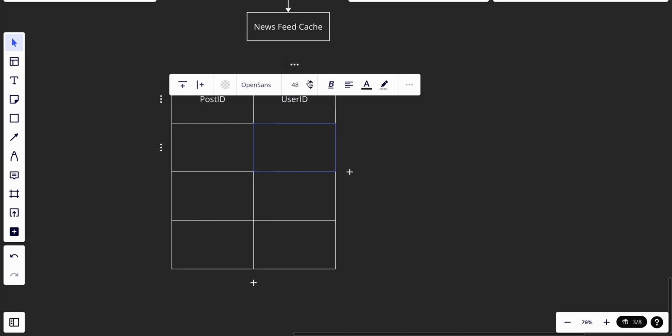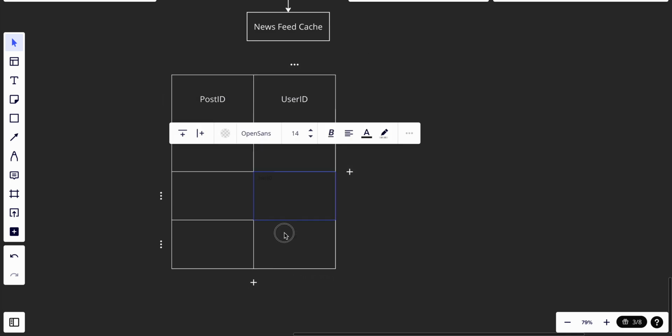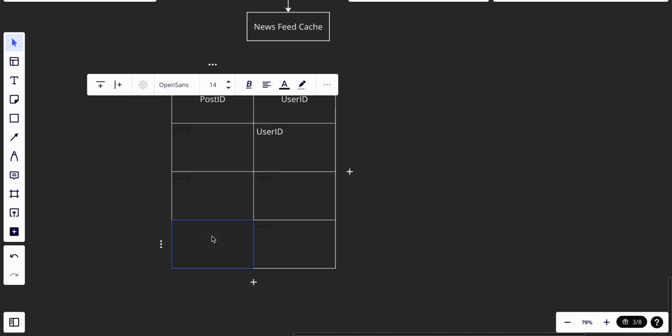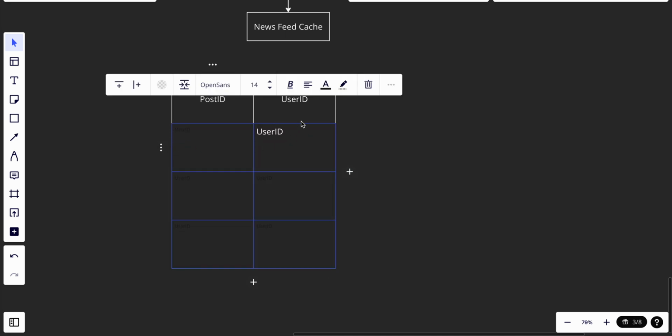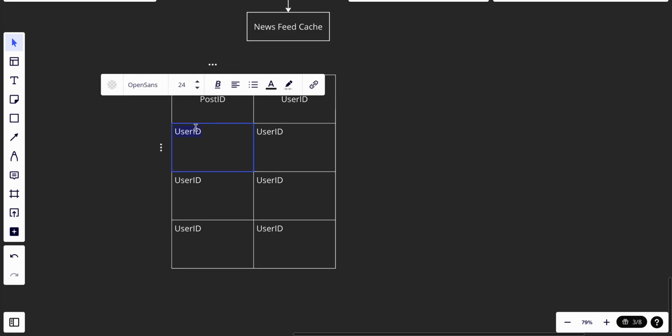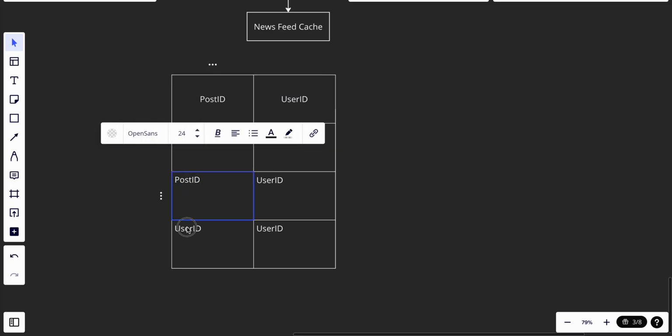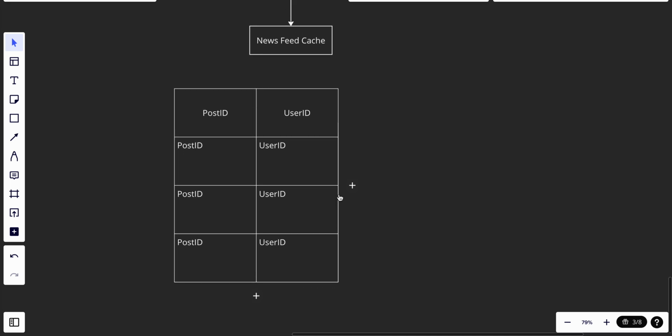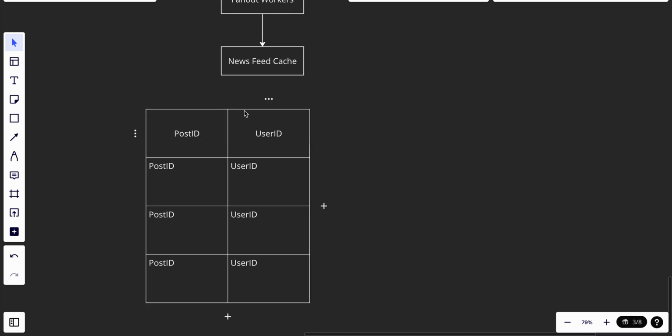And this one is post ID. Okay, so this is how the table will look like.